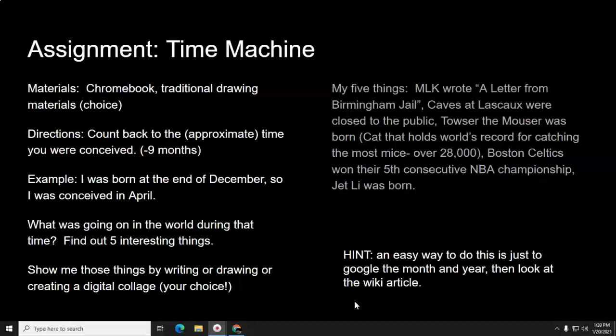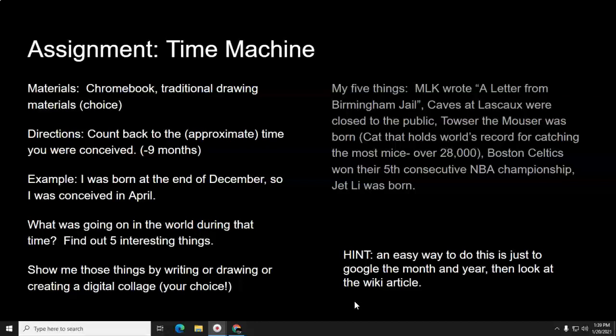Okay? So the easiest way to do this is, after you figure out the month, just put in the month and the year and Google it, and there will usually be a Wikipedia article on things that happened during that month in that year. So 5 of the things that happened in April of 1963, I'm old.